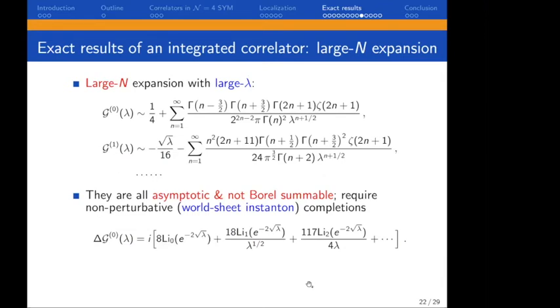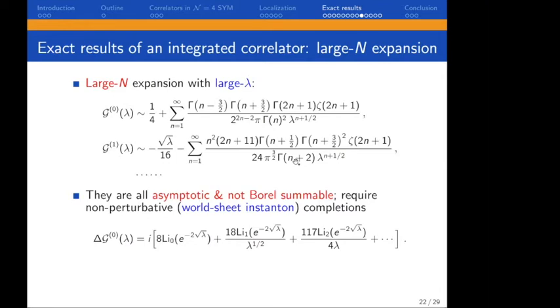The other expansion is the large N expansion, but with a large lambda expansion. From the string theory point of view, that will be the alpha prime expansion. Again you have G0, G1, according to the order in 1 over N, and this is the leading order result, the subleading order result, and so on.